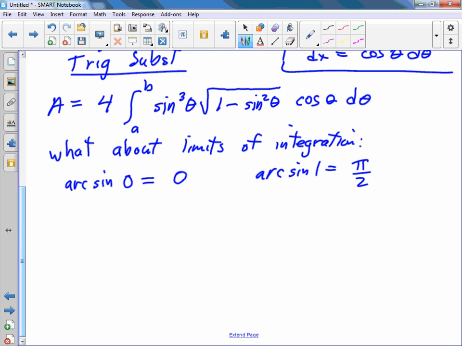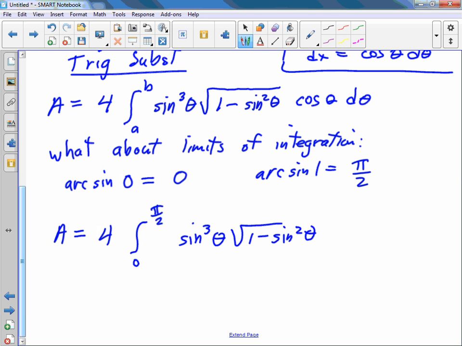So now we can say the area equals 4 times the integral from 0 to pi over 2 of sine cubed theta square root of 1 minus sine squared theta cosine theta d theta. Rock and roll.